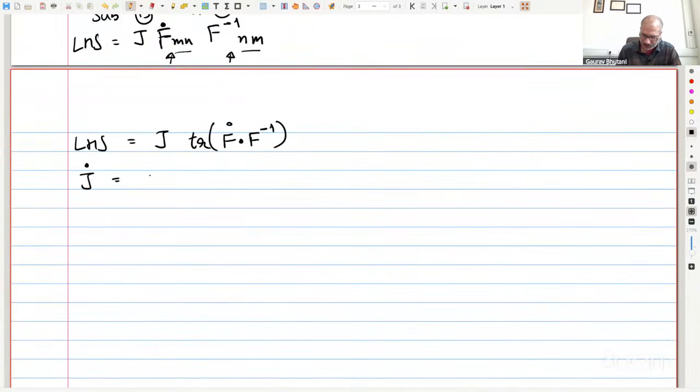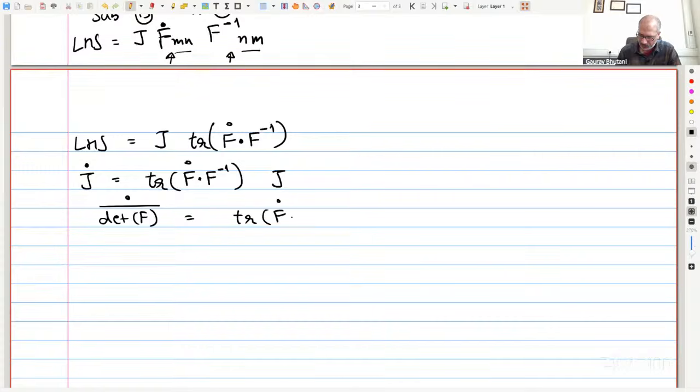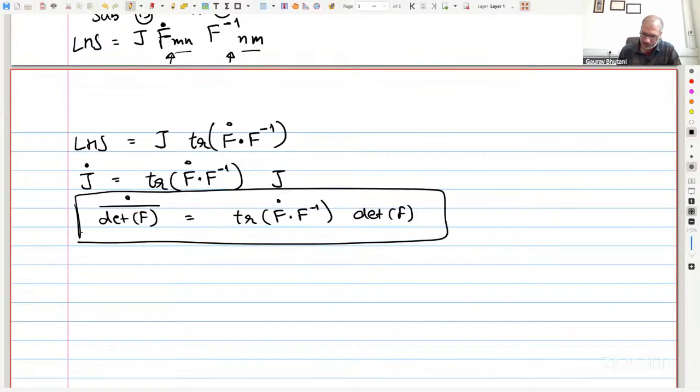So J dot can be written as J times the trace of the material derivative of F dotted with F inverse, that's the inner product, times J. If I write in terms of the definition of J, the determinant of F dot is the trace of F dot dotted with an F inverse times a determinant of F. So this is exactly what we had to show, and we have shown this.